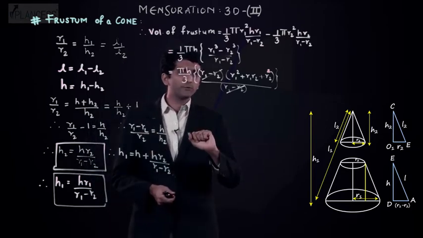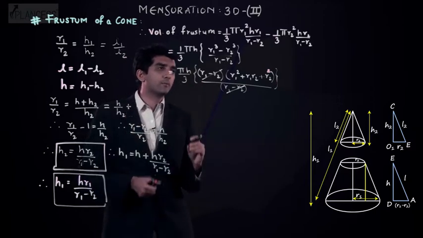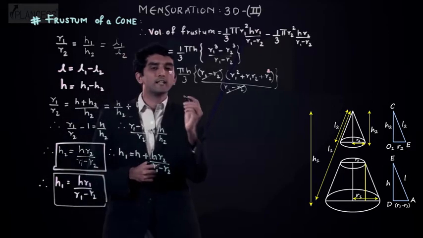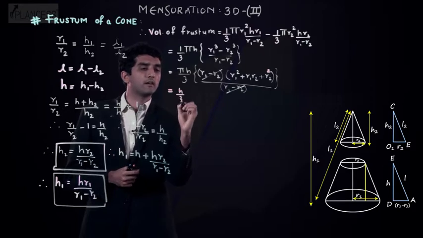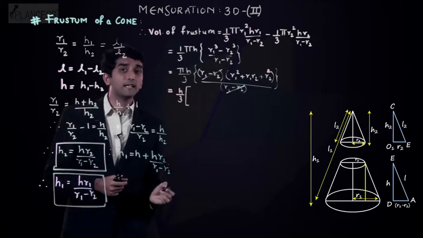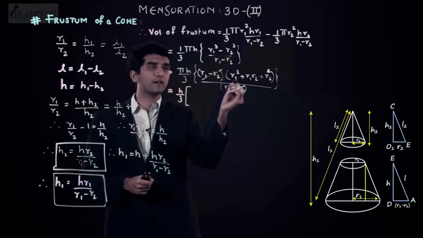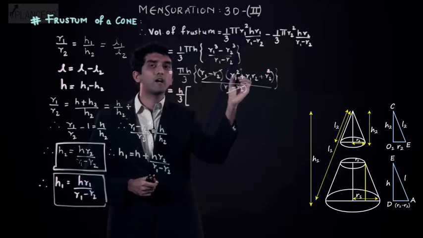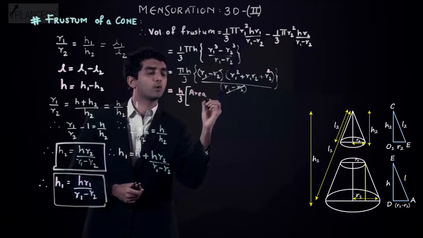Now if you notice, you can write this volume of a frustum in a more interesting way as well. Again, how? Let's see that. If we take h by 3 common, then we have pi r1 square, and pi r1 square is area of base 1.